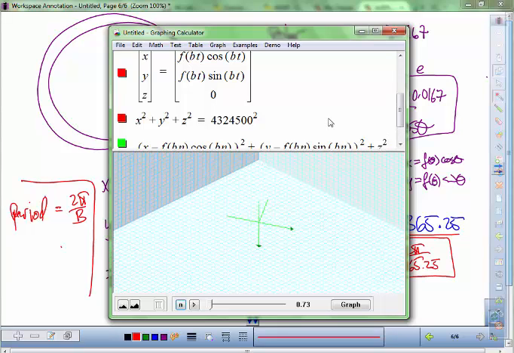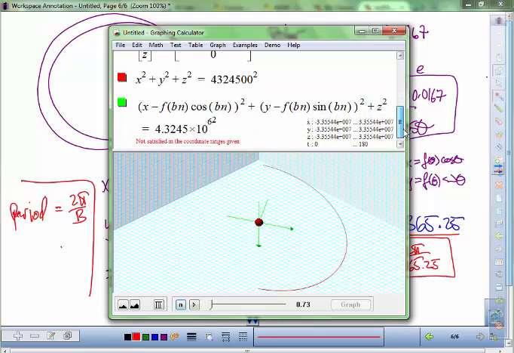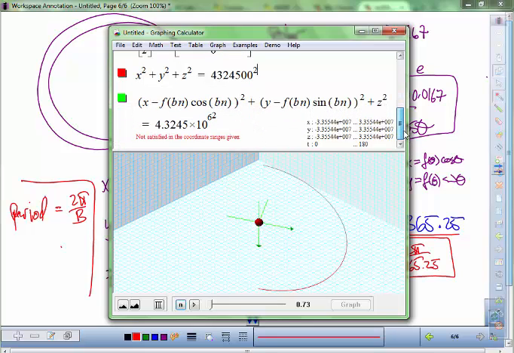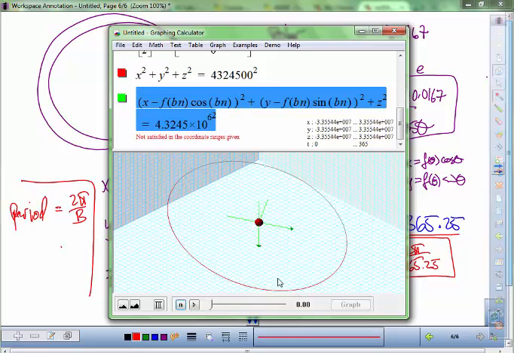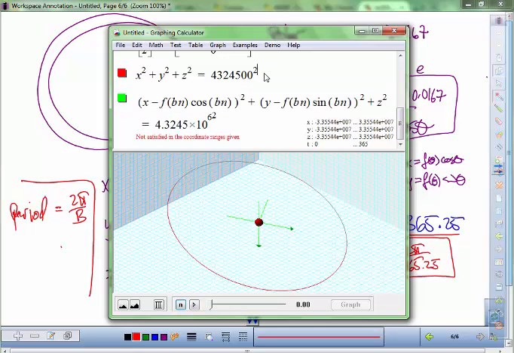All right? Not satisfied in the given ranges. No. It's the Earth that I was trying to draw. And I'm trying to make it go around, maybe instead of n.